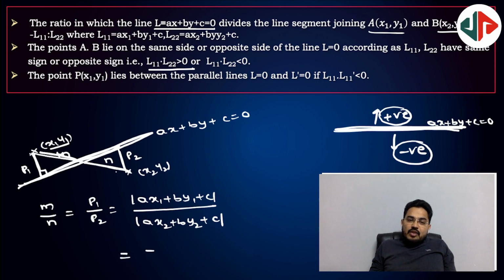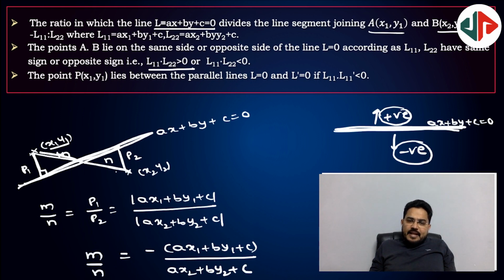So that's why we take minus of (ax1 + by1 + c)/(ax2 + by2 + c). So if this is m/n, if this is positive, this line is dividing these two internally. If this ratio is negative, this line is dividing externally.